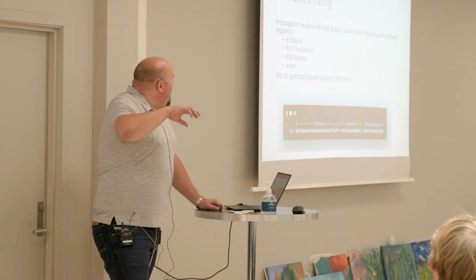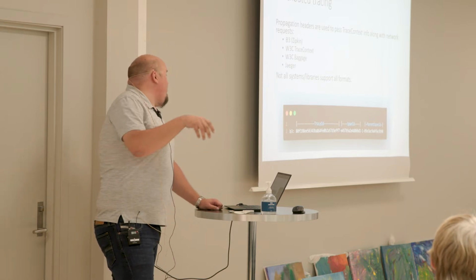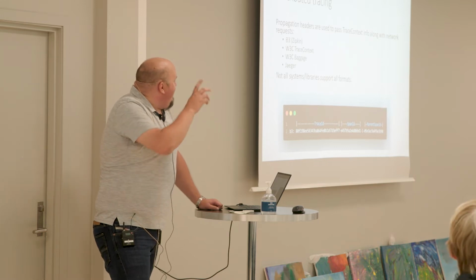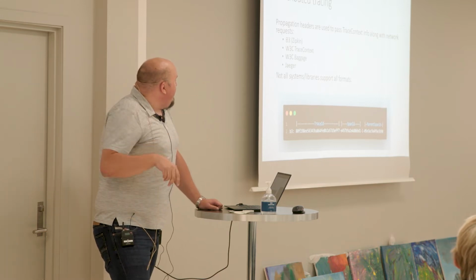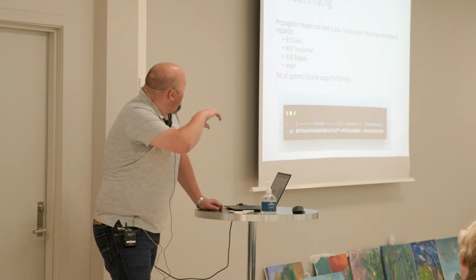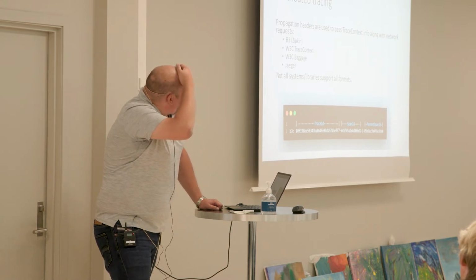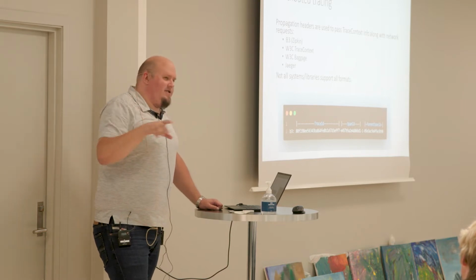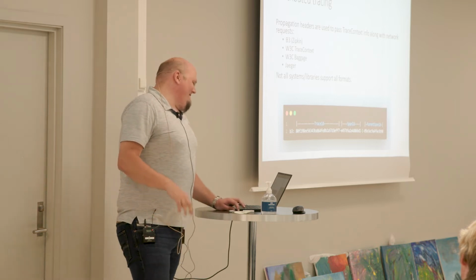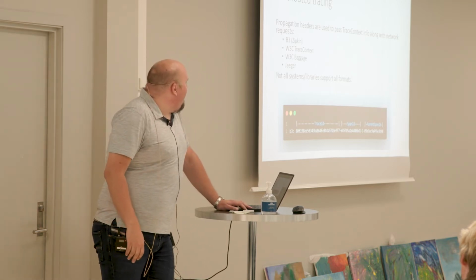Then you have the Jaeger spec, which is the one Uber made. And then you have two W3C specs. I think the W3C Trace Context spec is starting to become the one that we should be using.